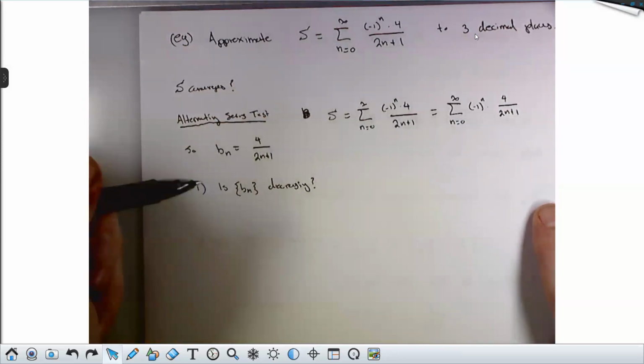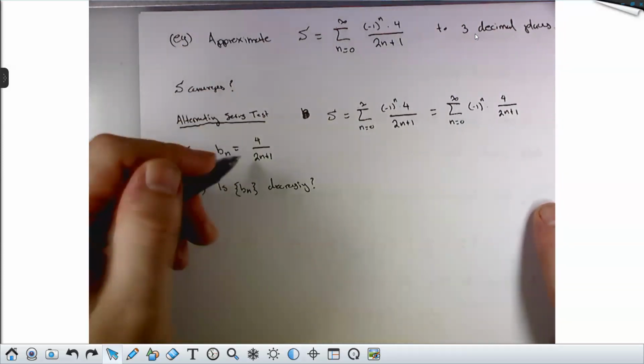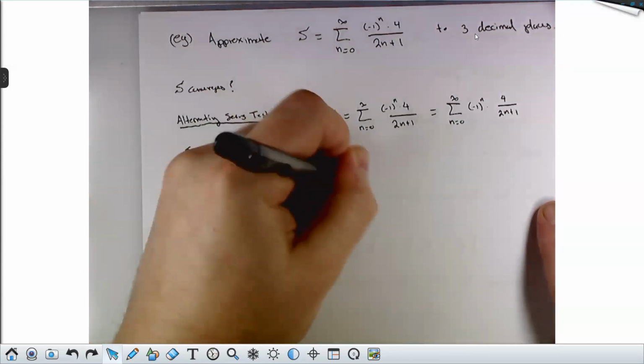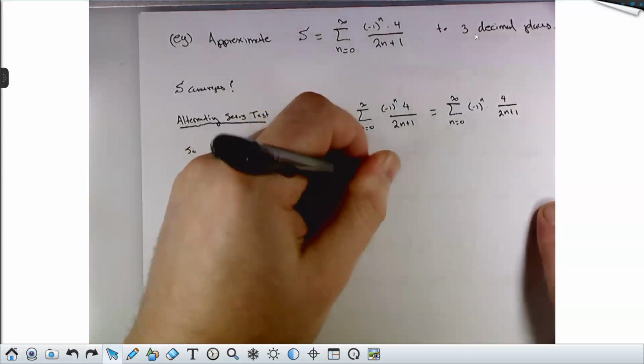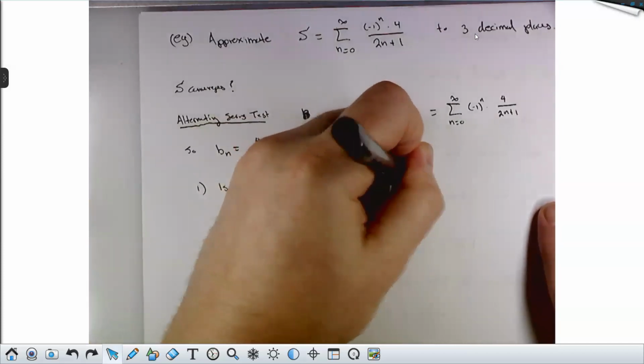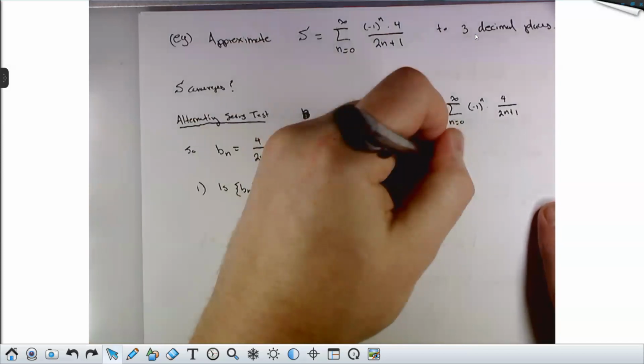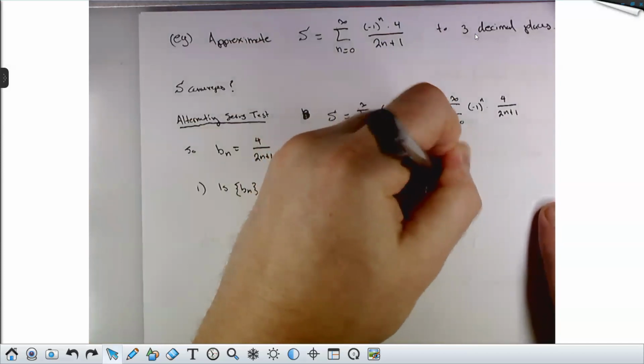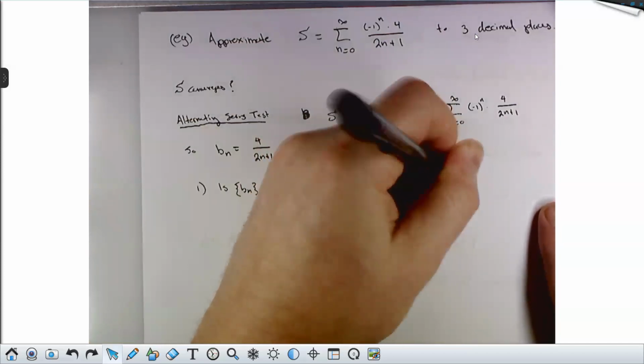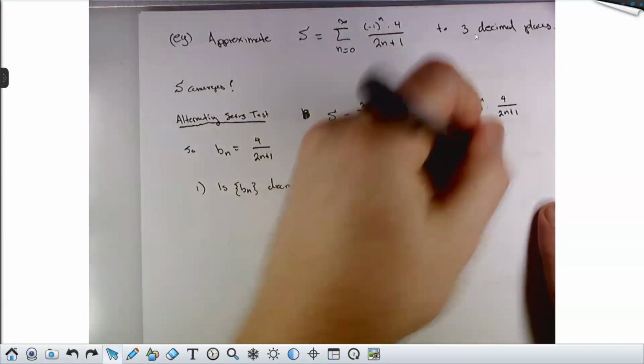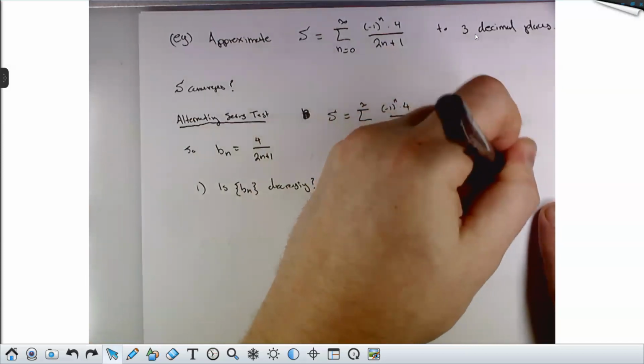There's a bunch of ways to attack this. Here we could again dive in and do the actual inequality. Bn plus 1 is less than Bn if and only if 4 over 2 times (n plus 1) is less than 4 over 2n plus 1.